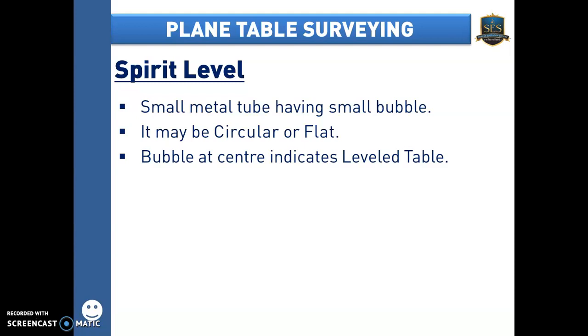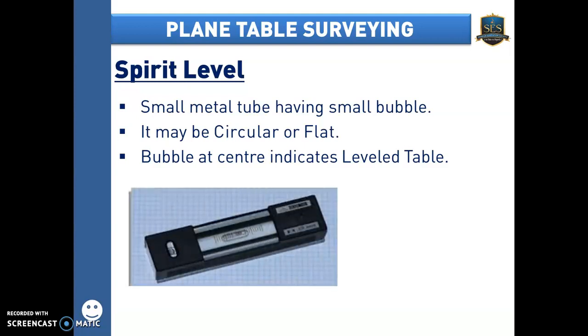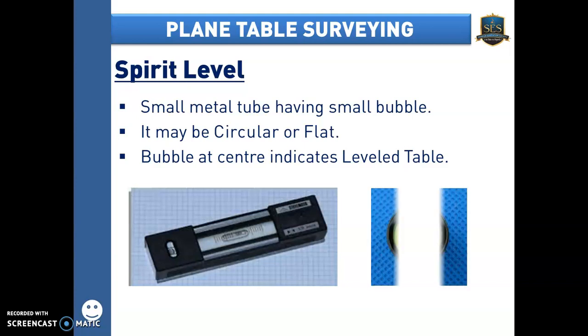That means if you place the spirit level on the plane table and when the small bubble comes at the center of that spirit level, it indicates that your plane table is in perfect horizontal position. In this diagram, you are able to see a flat spirit level. Second diagram shows the circular spirit level.